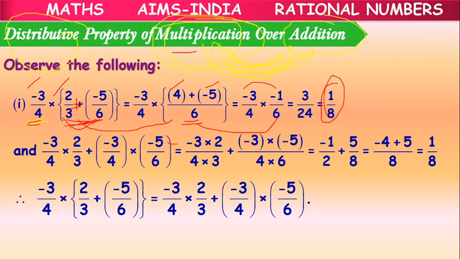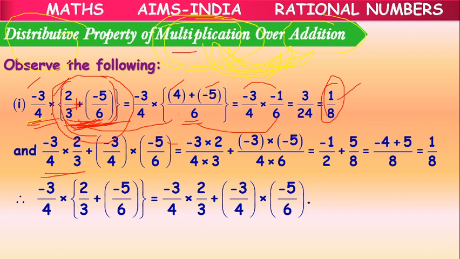Means when second and third rational number sum is multiplied with the first one, we got 1 by 8. Now if we take like this, so here what we have taken on the whole, it is minus 3 by 4 of. When we have bracket, we can call it as of. Minus 3 by 4 of 2 by 3 plus minus 5 by 6 we are telling.